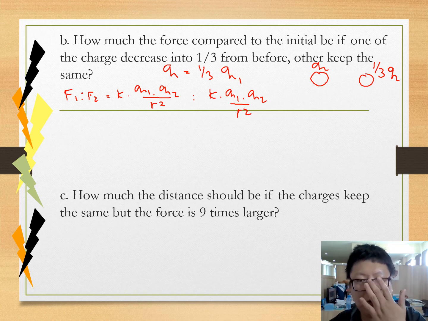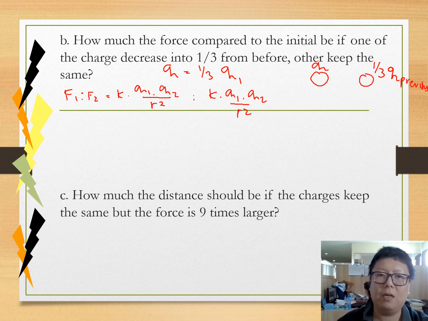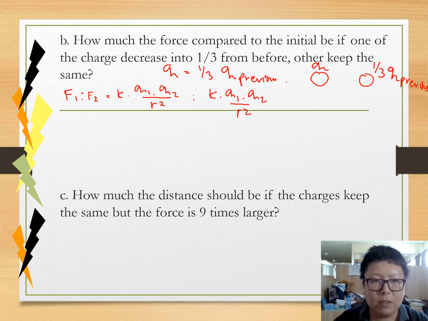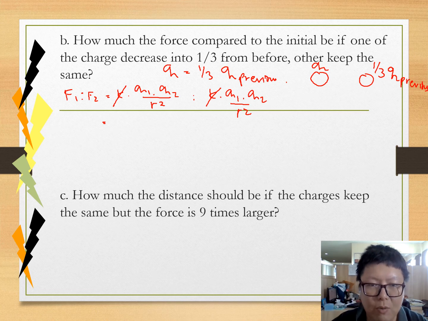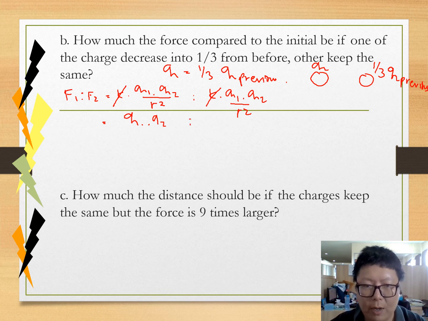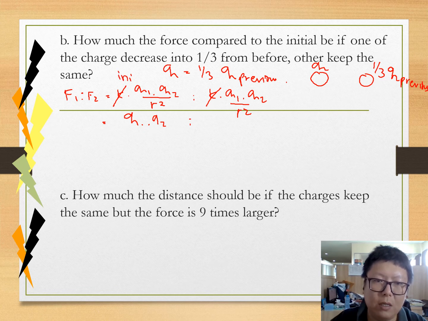Maybe don't say Q1 because later you will be confused. Okay, they have the same K, so you can cancel it. We assume that the Q1 stays the same, so Q1 times Q2. The one that changed is this one for initial, and this one after.